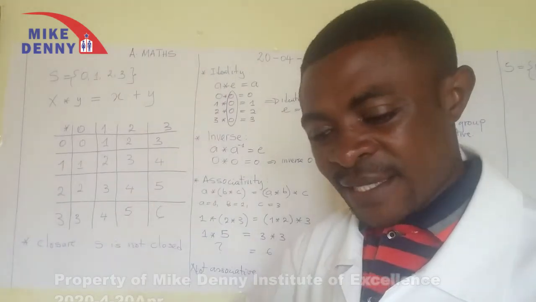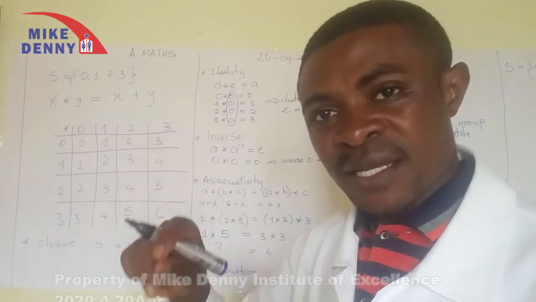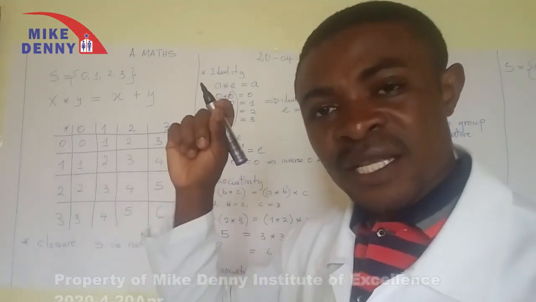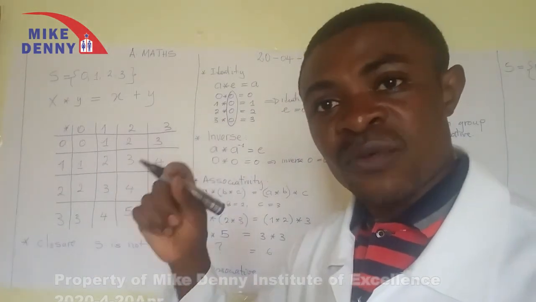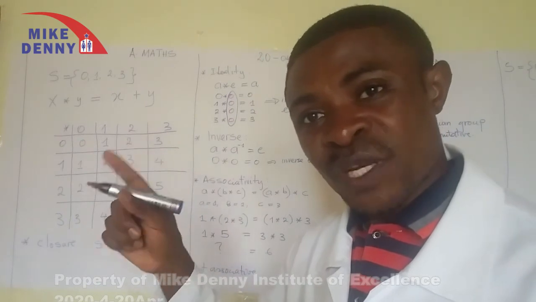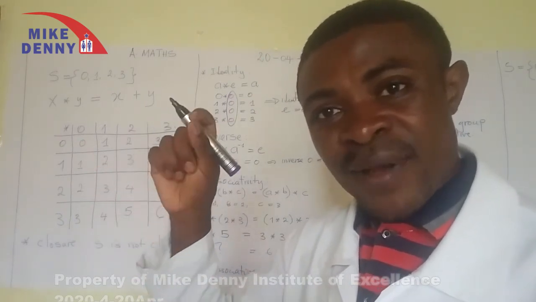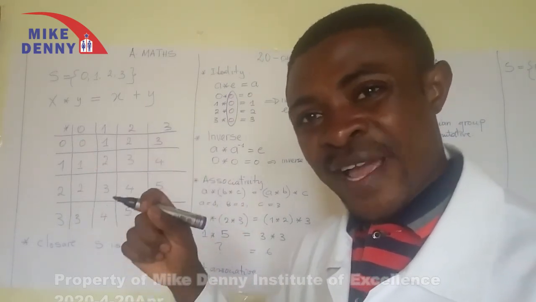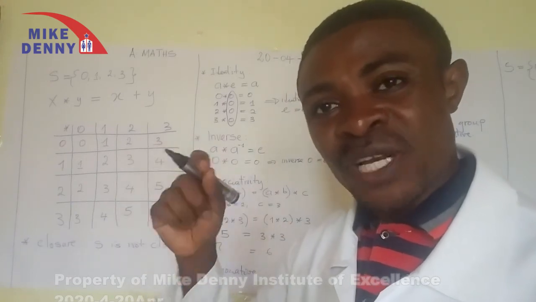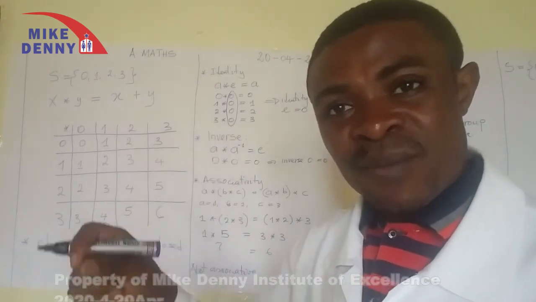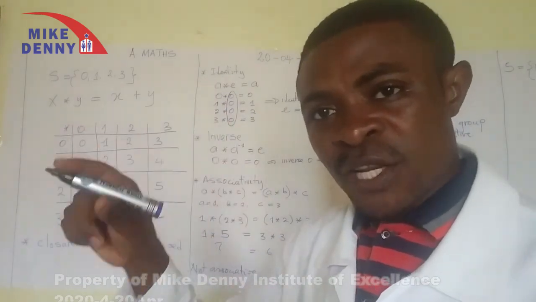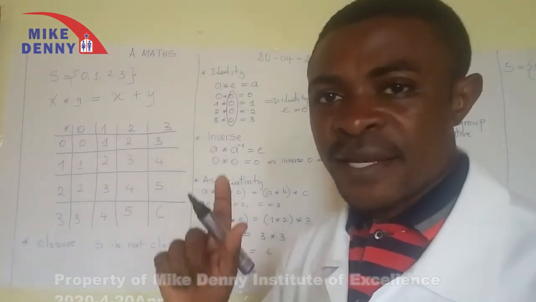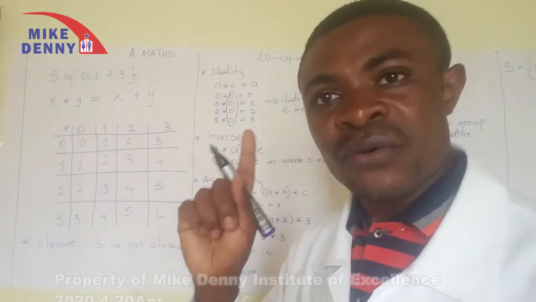Multiplication modulo 3 means you multiply the numbers, divide by 3 and write down the remainder. If I'm talking about multiplication modulo 4, you multiply the numbers, divide by 4 and write down the remainder.